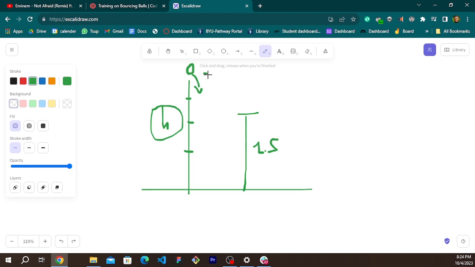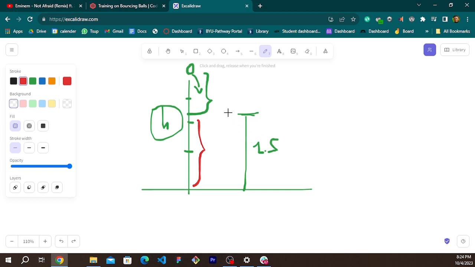That means the mother can only see the bounces from where she's standing, right? The bounces down here, the mother will not be seeing them. So we won't consider the bounces below the window where the mother is standing.